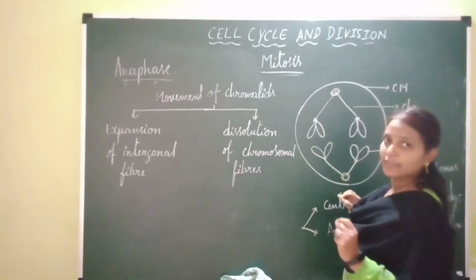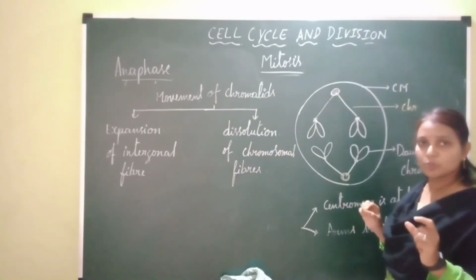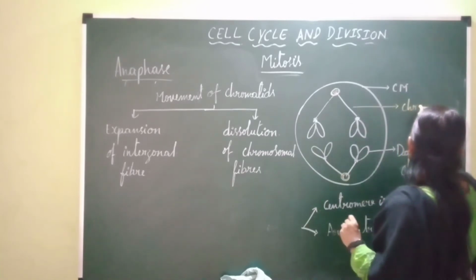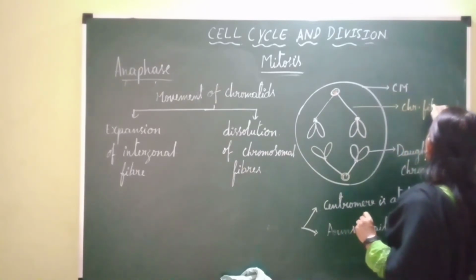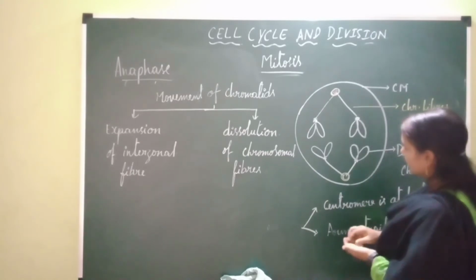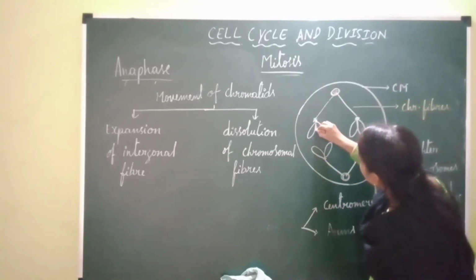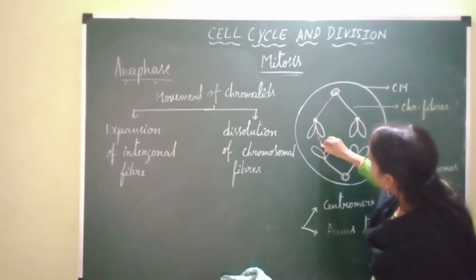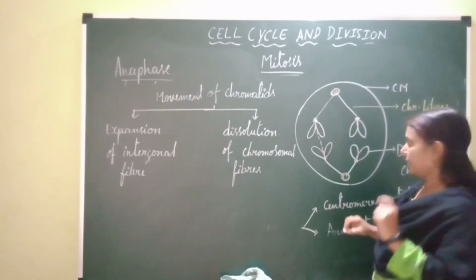Chromosomal fibers are the spindle fibers which are attached to the chromosomes at the point of kinetochores. Interzonal fibers are the spindle fibers which are formed in between the chromatids after their separation.